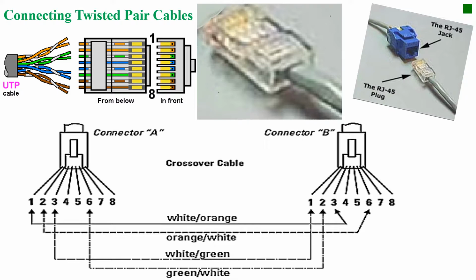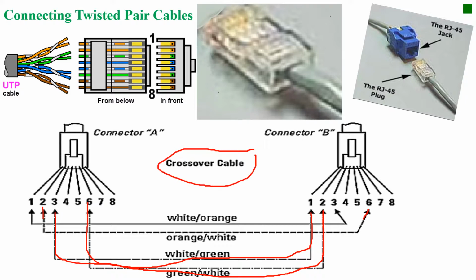One terminal is connected to 1 and the other one, the 1 corresponding to the 3, and 2 here corresponding to 6 in this one, connector B, and 3 to 1, and 6 from connector A to 2 from connector B. Okay, this is a crossover cable which connects two computers directly. This is a crossover cable.